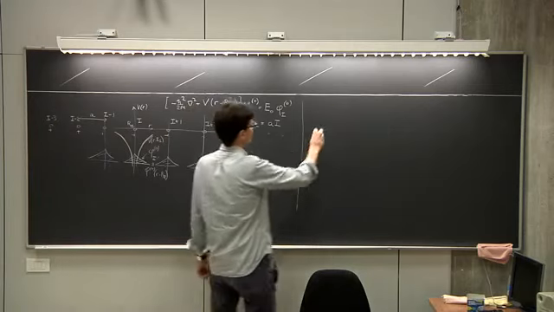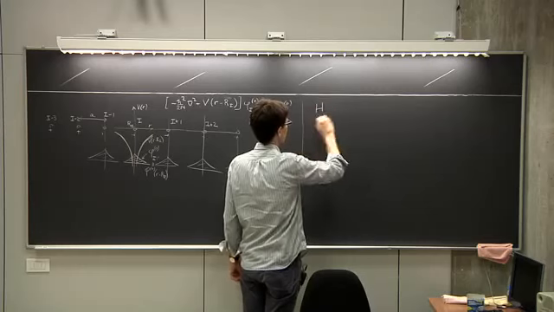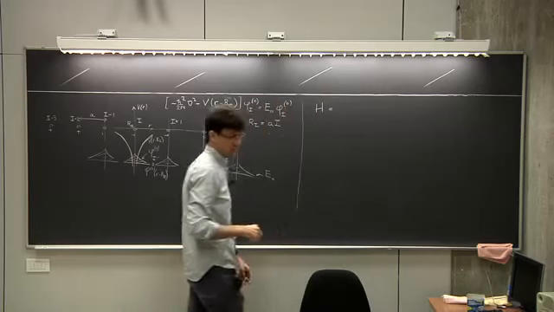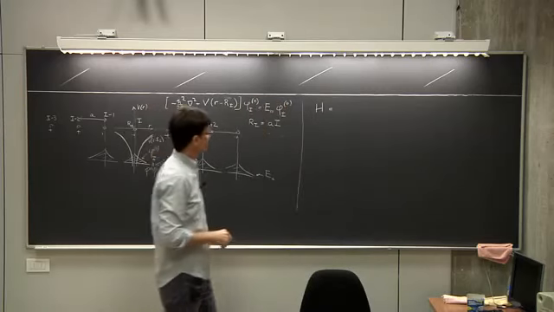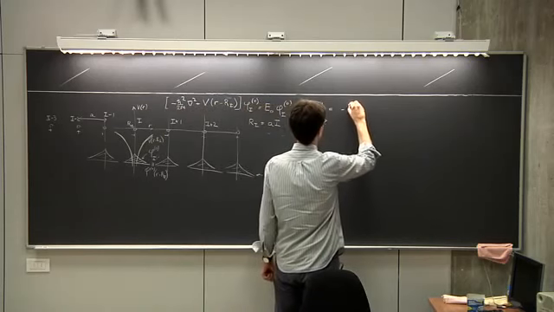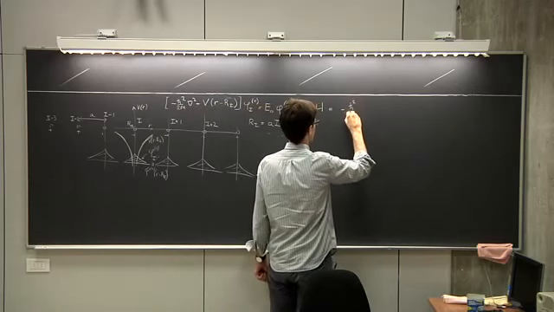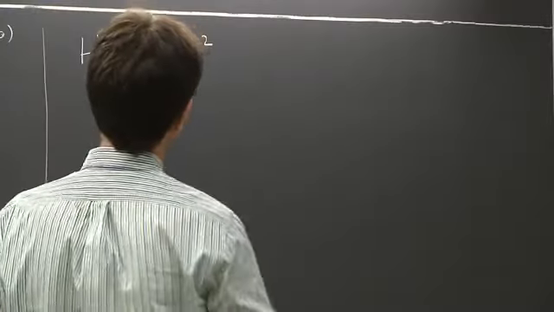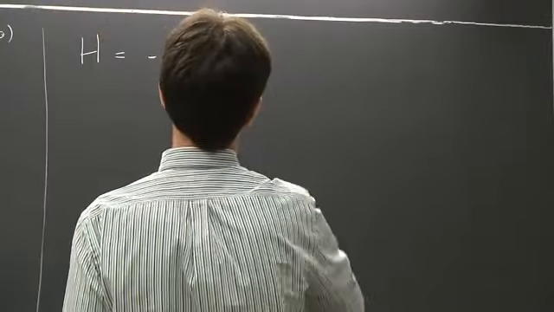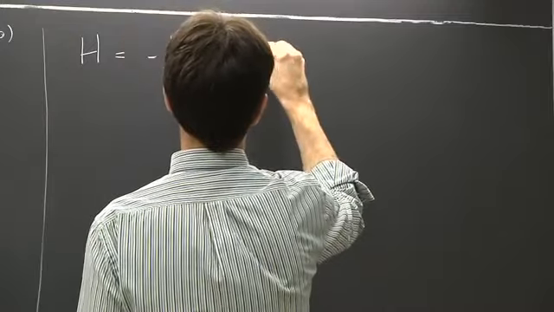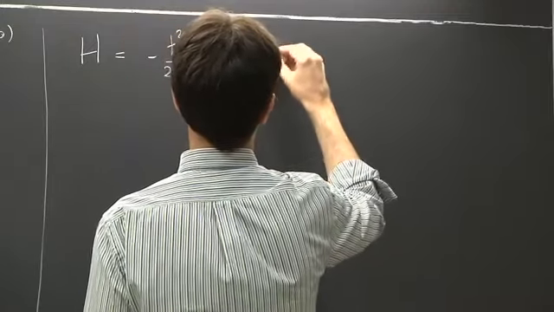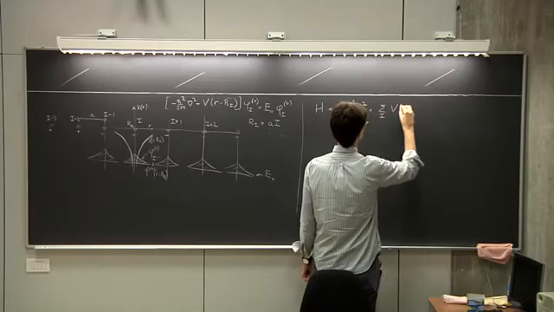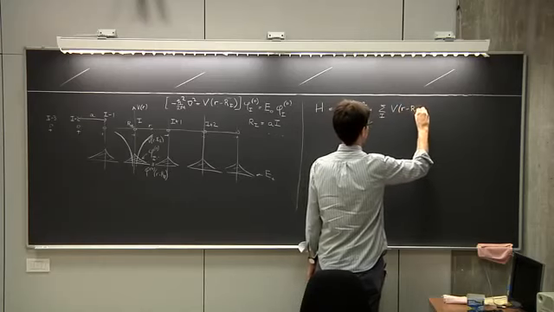And let me now state what my goal is. My goal is to find the solution of this Hamiltonian now. H equals minus h squared over 2m nabla squared plus the sum over all i's of V of R minus Ri.